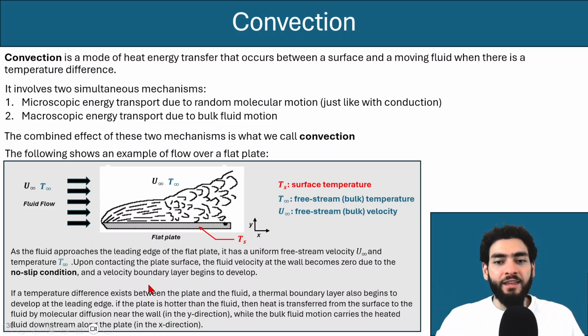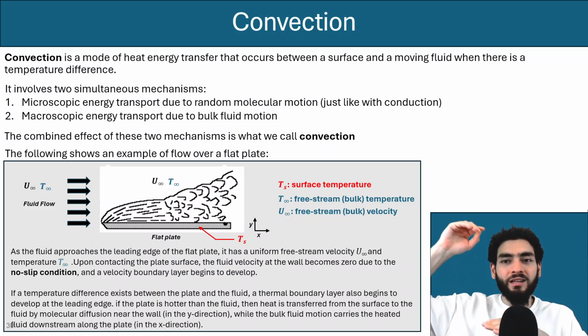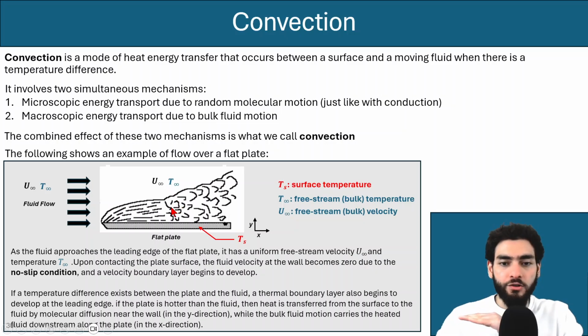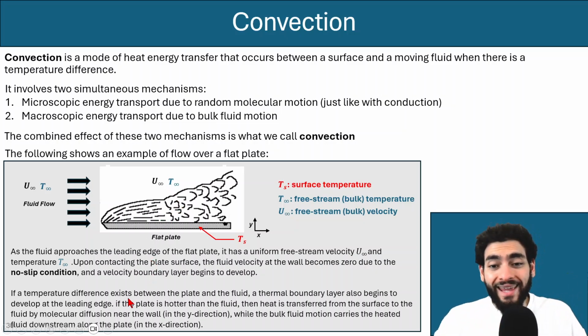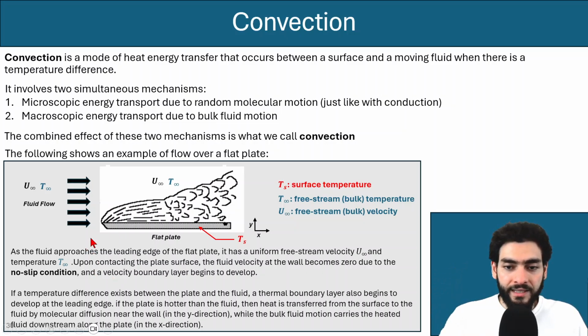Therefore, a velocity boundary layer begins to develop from the wall to the bulk of the fluid, some distance away from the surface. If a temperature difference exists between the plate and the fluid, then a thermal boundary layer also begins to develop at the leading edge, on top of the velocity boundary layer.